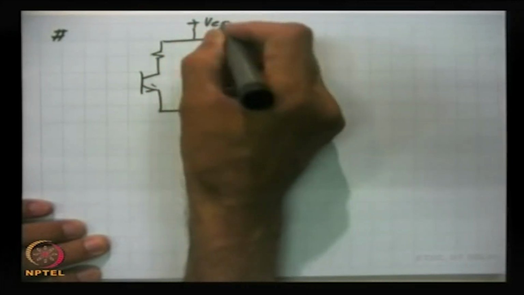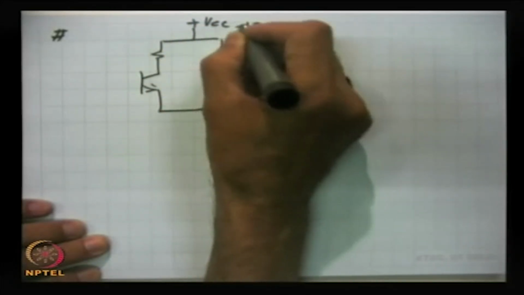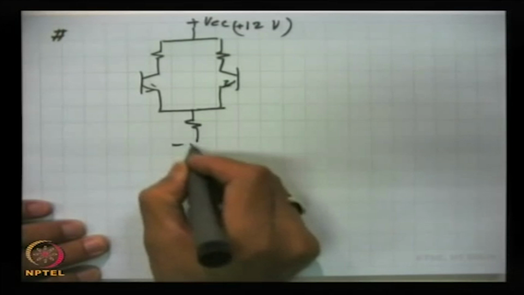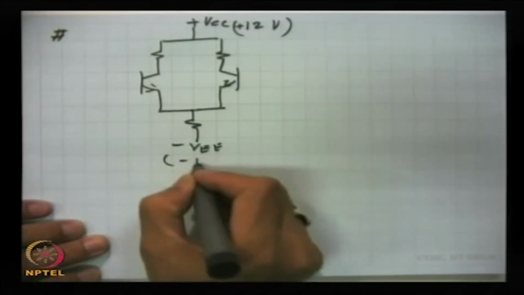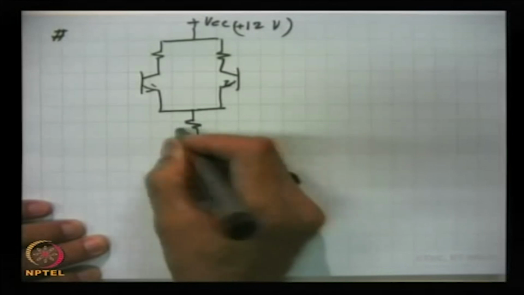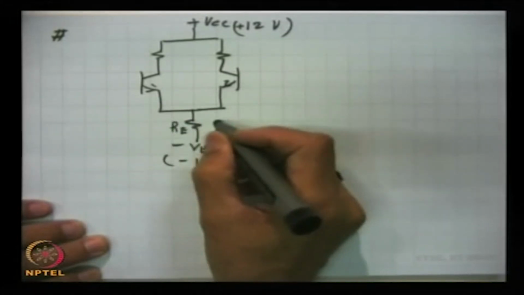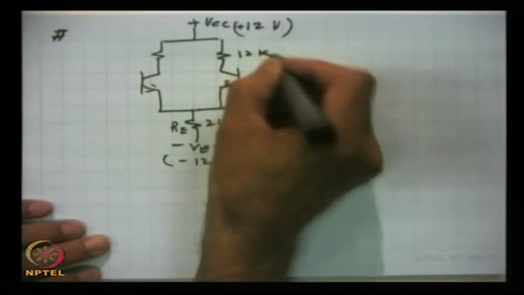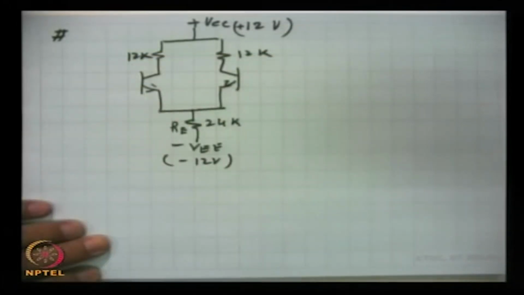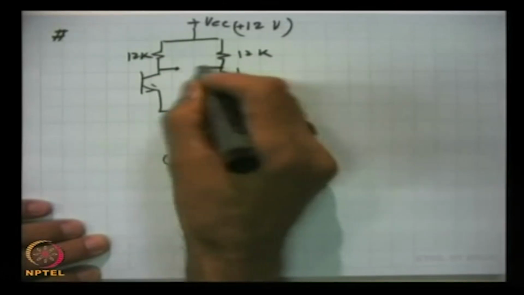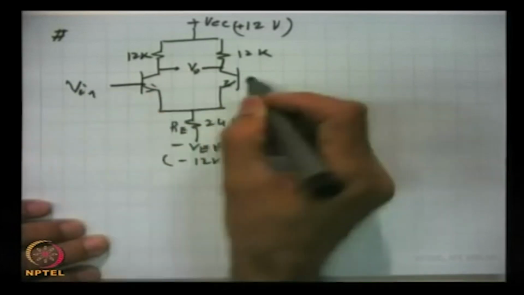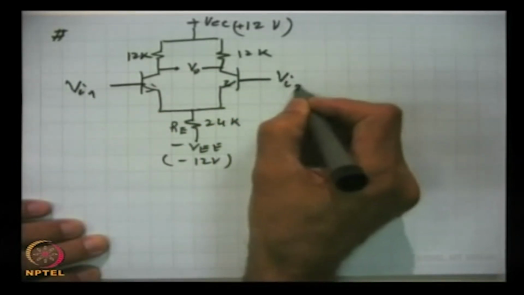This is plus VCC, which is plus 12 volts, and here this is minus VEE, which is minus 12 volts, and this is RE, which is 24 kilo ohms, and these resistances are 12 kilo ohms, and here we take V0, and this is Vi1 and Vi2.